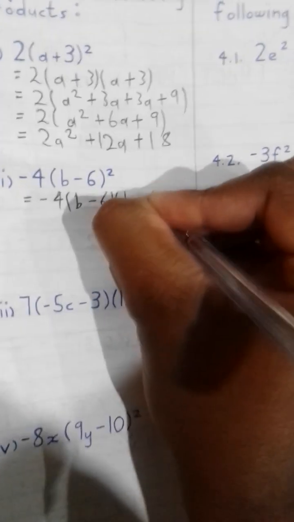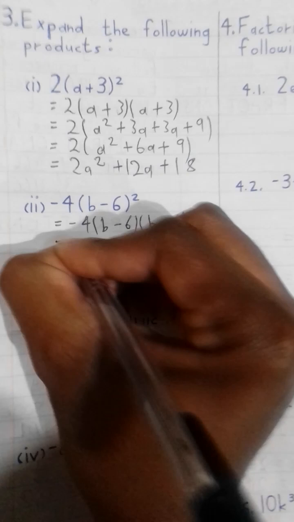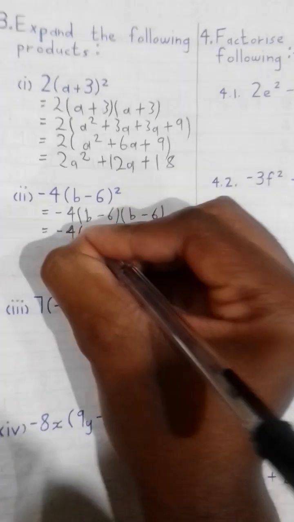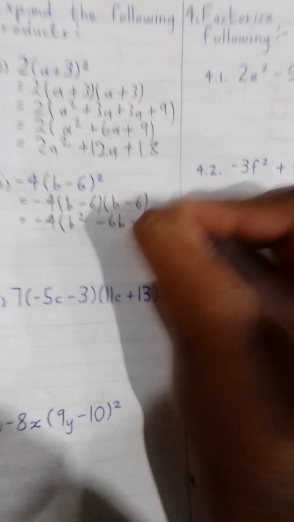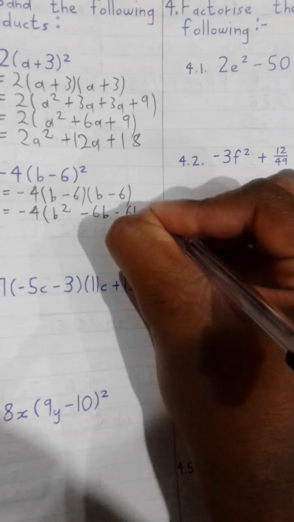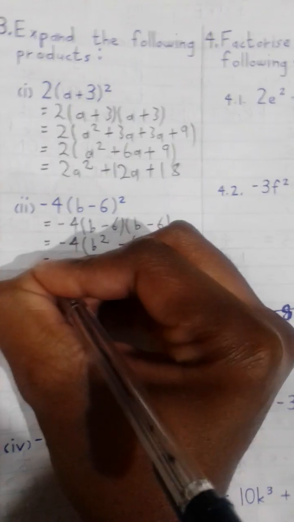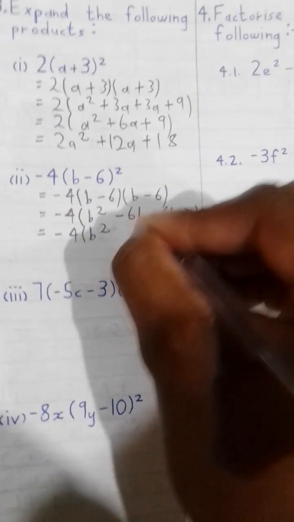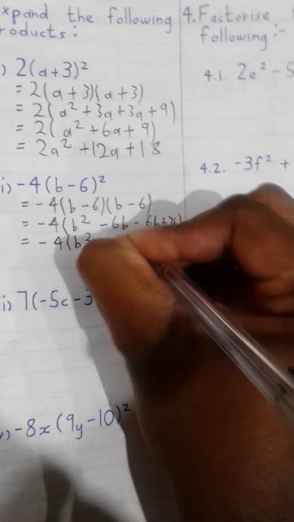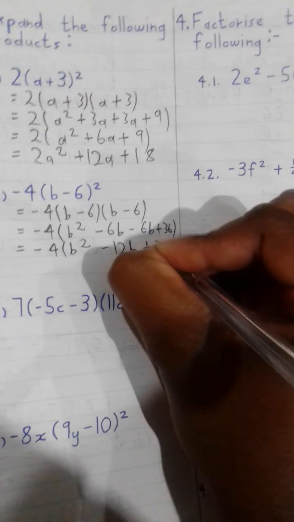So this is negative 4 times b minus 6 times b minus 6. b times b is b squared, b times negative 6 is minus 6b, negative 6 times b is minus 6b, negative 6 times negative 6 is positive 36.